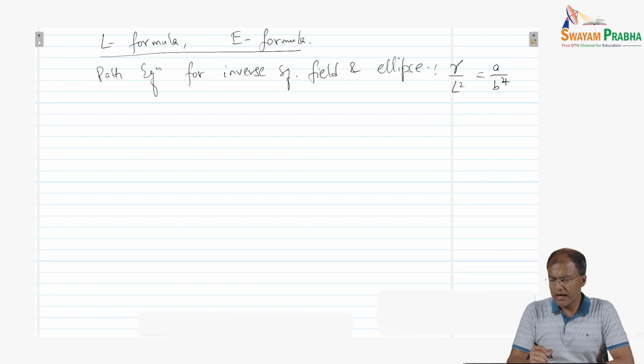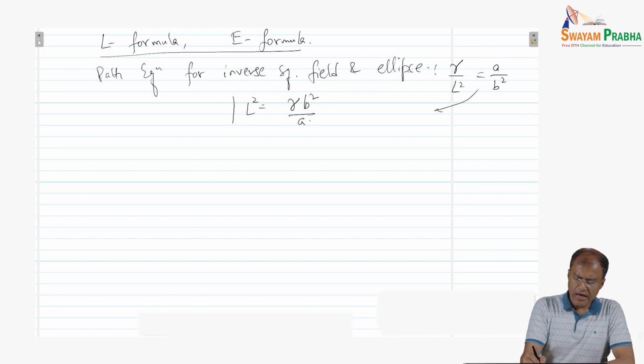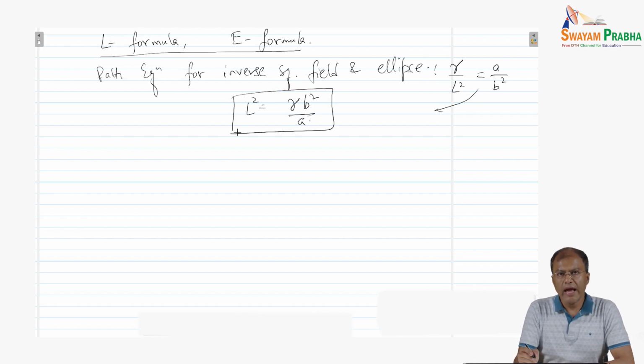This is Newton's law here. And what we have found is that L square is gamma b square by a, and that is my L formula for the ellipse.